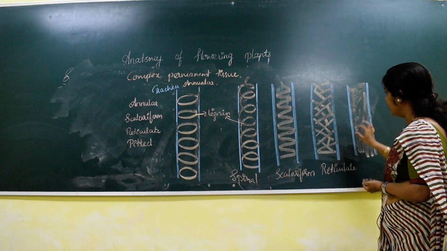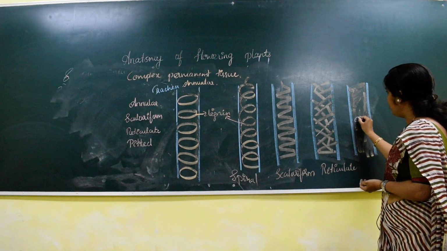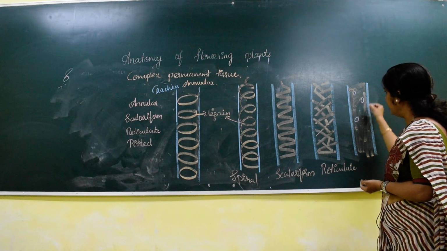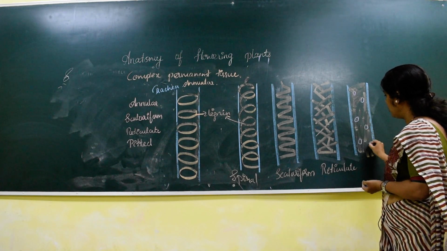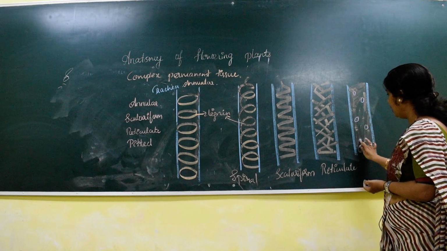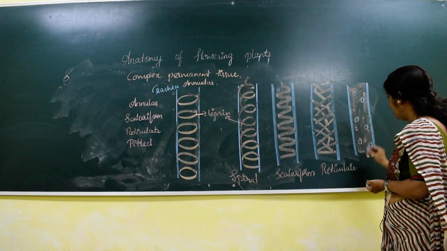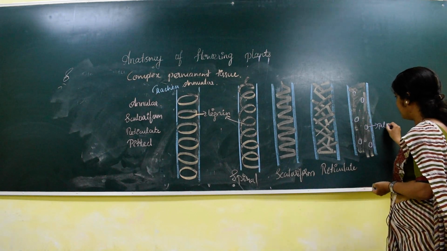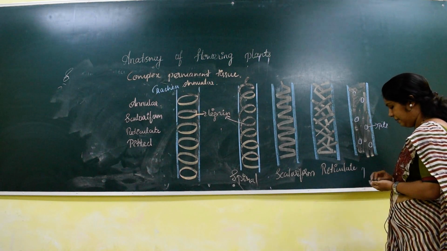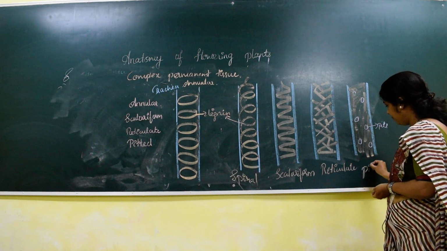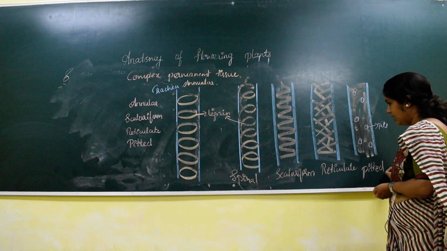Only at certain regions is there an undeposited region of lignin, where I have written the dots. These dots do not contain any lignin, and this undeposited area itself is called pits. Hence this type is called pitted.